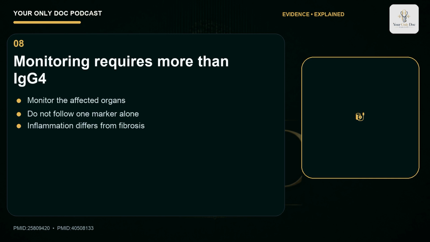A patient can have biochemical change without meaningful organ activity, or organ relapse without a dramatic laboratory signal. The other important distinction is inflammation versus established fibrosis. Active inflammation may respond well to treatment. Dense, long-standing scar tissue may not. That is why early recognition and organ-specific monitoring can change the long-term outcome.